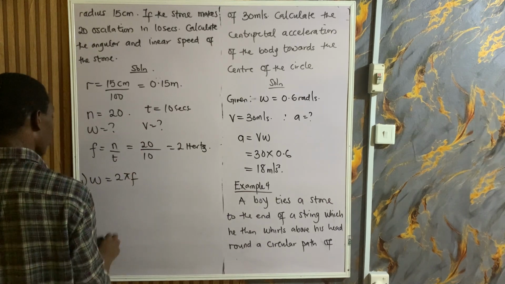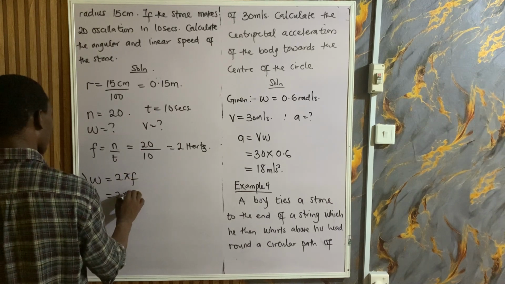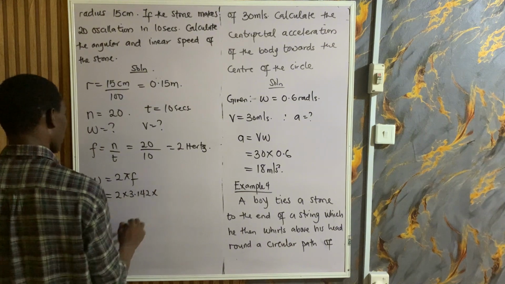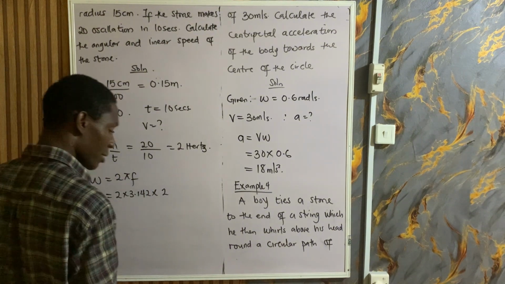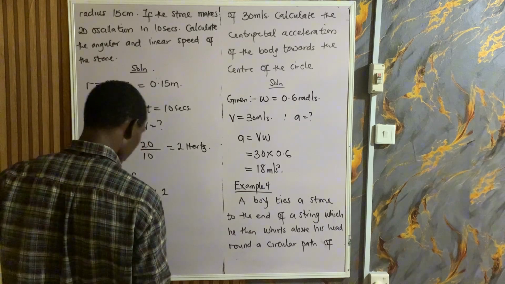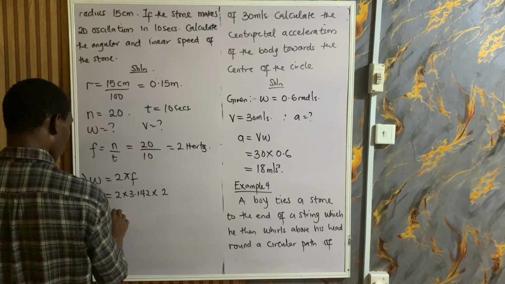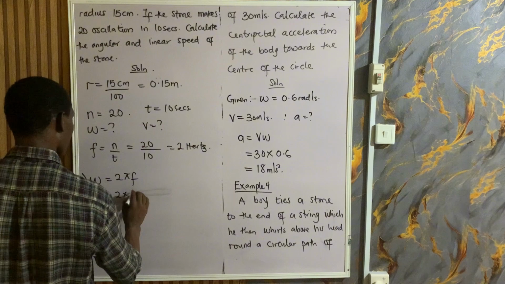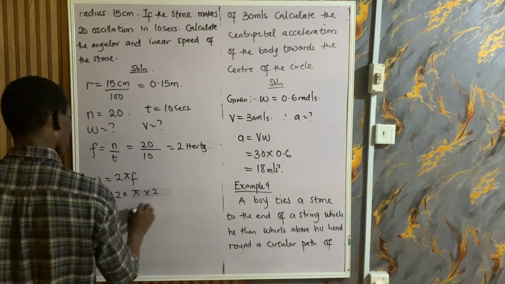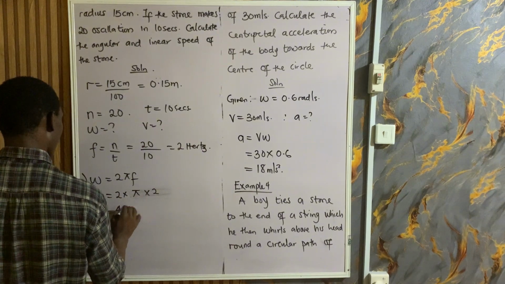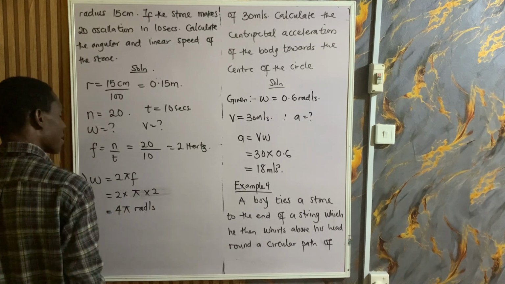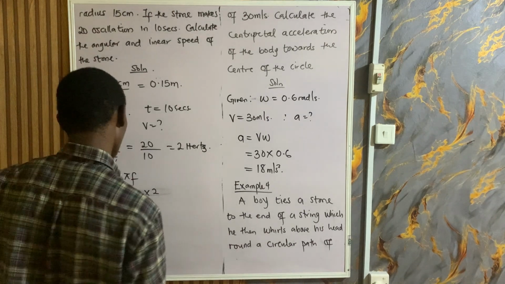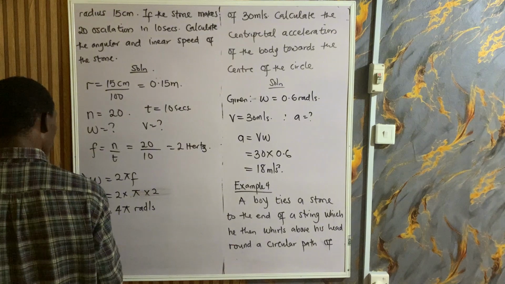So that will be 2 times 3.142, then times frequency, another 2. So this will give us 4 pi in rad per second. You can substitute your pi as 3.142, and you should have about 13 point something.